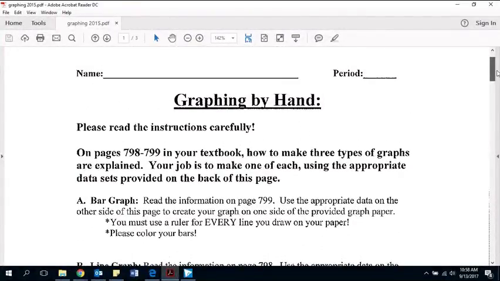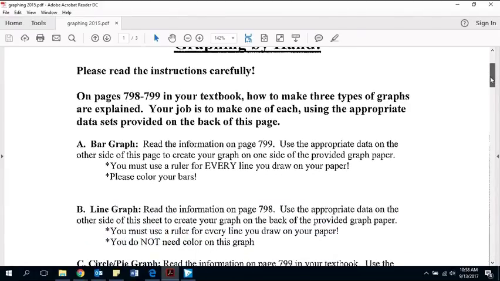So if we look back at the instructions, it tells you on pages 798 and 799 in the textbook. The textbooks are available in my classroom, or if you're trying to do this from home or somewhere that you can't get to my classroom, there's a separate link on Google Classroom to pull up the scanned textbook pages, so you can access that from anywhere. It explains how to make each type of graph, and you're going to make one of each using the correct data.